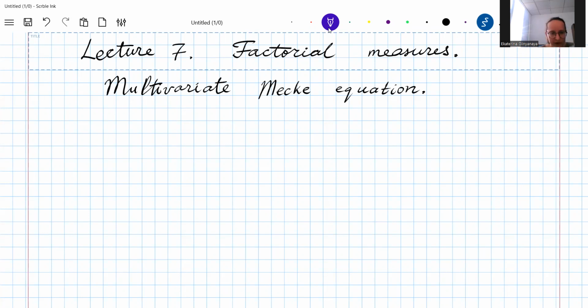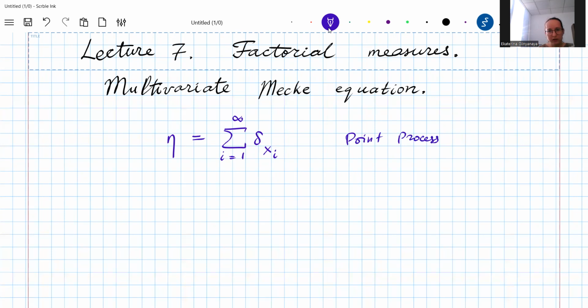I start with a simple form of the point process that can be represented as a sum of delta measures at some random points. So assume we have some number of them, and this is a point process.